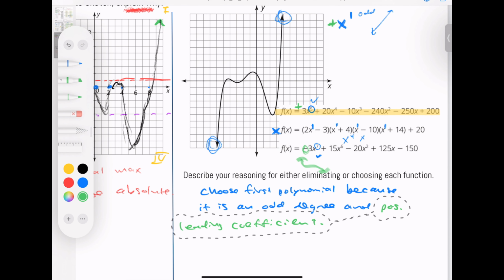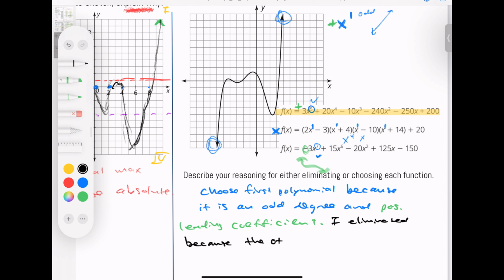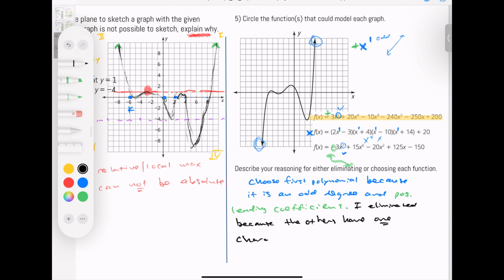Why did I eliminate? You don't need to have both of these, but I eliminated because the others have one characteristic, odd degree or a positive leading coefficient, but not both.